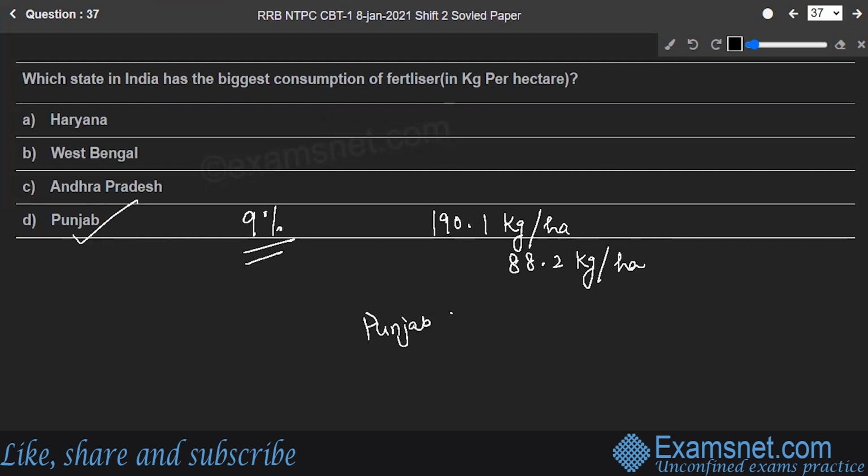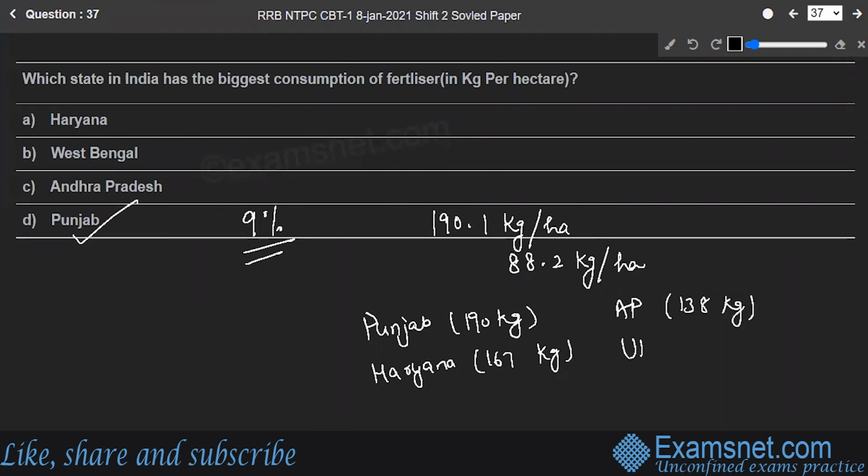Haryana, 167. Andhra Pradesh, 138 kg. Uttar Pradesh and Uttaranchal, 127 kg.